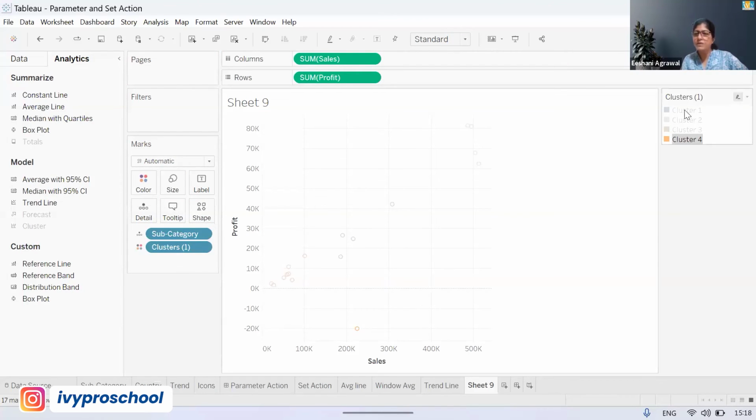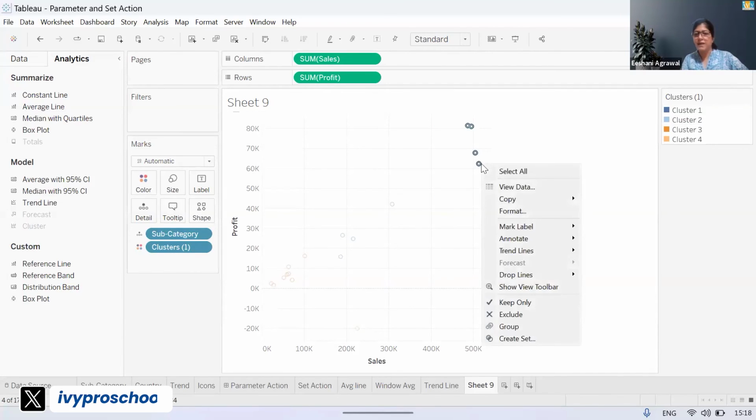And if I want to use any cluster or work on any cluster at any time, I can select it. Right click and I can, where is it? And you can create a group of it also. Then you can analyze it as a group as well, right? You can make a set out of it and you can analyze it as a set.